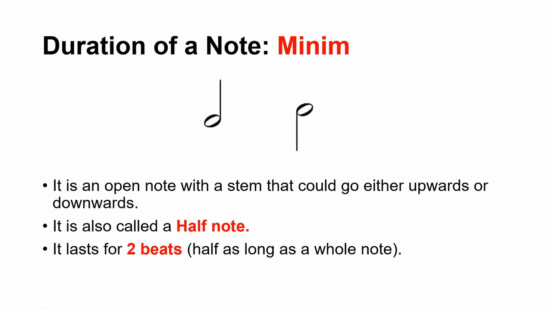So again, my example. If this is a beat, 1, 2, 3, 4. 1, 2, 3, 4. If that's your beat, then a minim will last for 2 beats. So if I go with my la example, la, 2 beats.